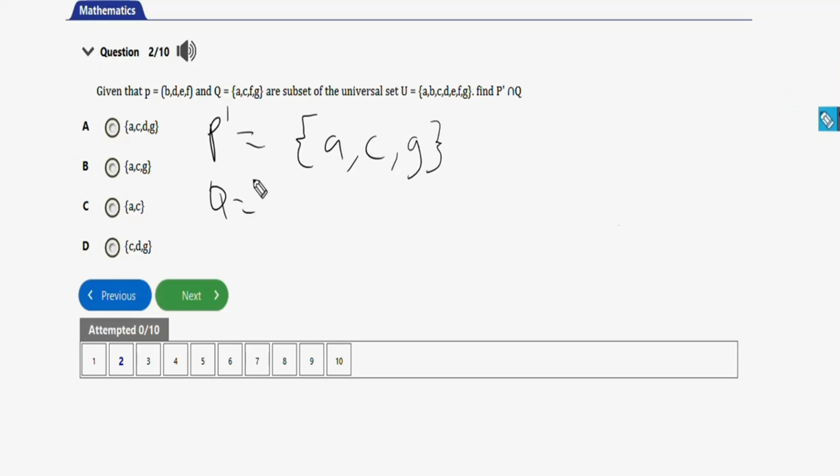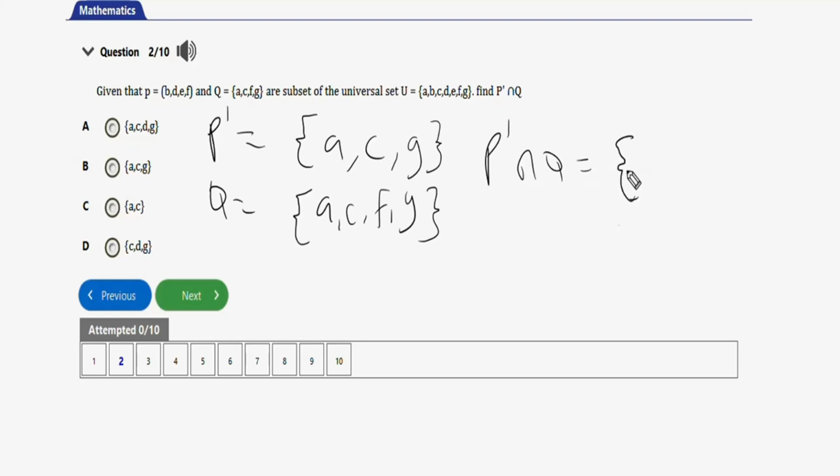Our set Q is still A, C, F, G. Had we been asked to find Q complement, we would have elements in the universal set and not in set Q. Now P complement intersect Q gives us the common values: there is A in both, C in both, and G in both. So this will be the answer. The right option is option B, A, C, G. So that's it for question 2.